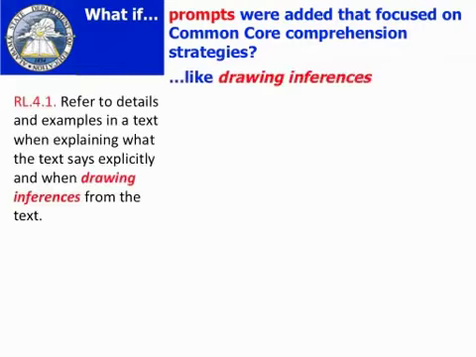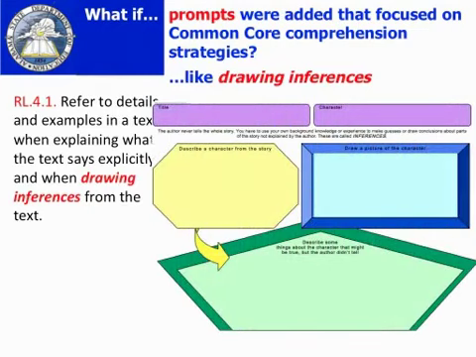Or drawing inferences. Here's a 4th grade standard. Refer to details and examples in a text when explaining what the text says explicitly and when drawing inferences about the text. And so in this case, what we're doing is recasting inferences a little bit differently, and that is the author never tells the whole story.